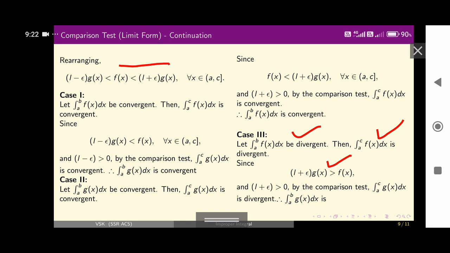So if the integral of f(x) is divergent, and this quantity (L plus epsilon) g(x) is greater than f(x), and L plus epsilon is greater than 0, then by the comparison test again, we say the integral from a to c of g(x) dx is divergent. That is, this implies the integral from a to b of g(x) dx is also divergent.